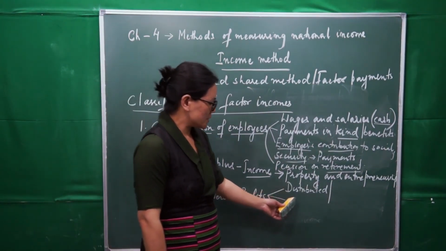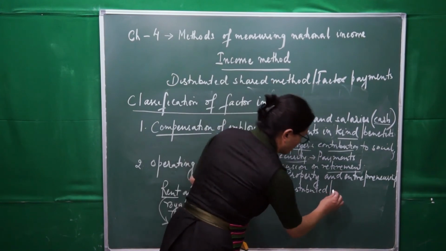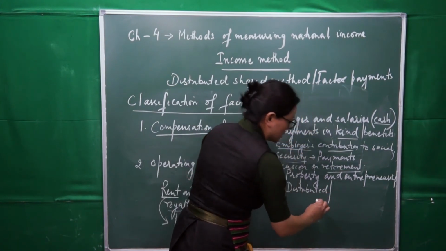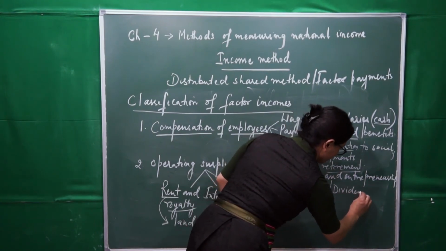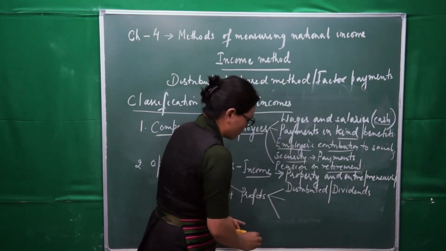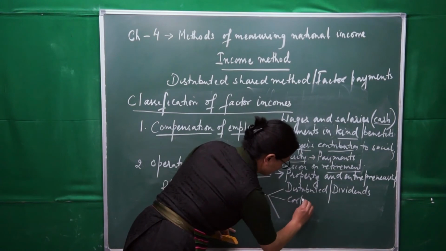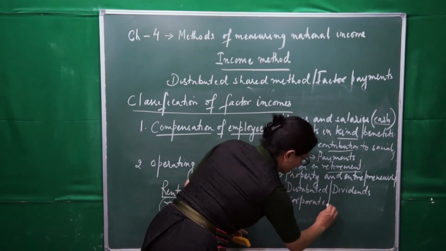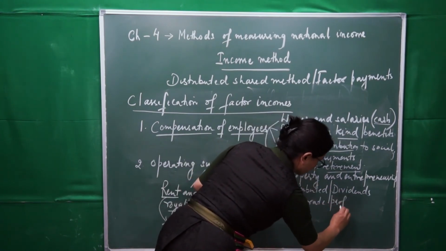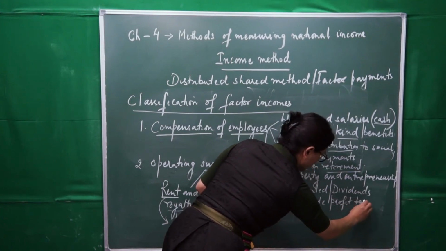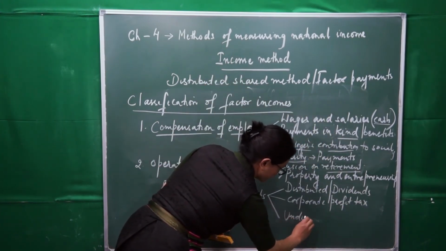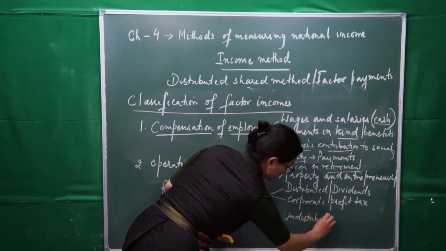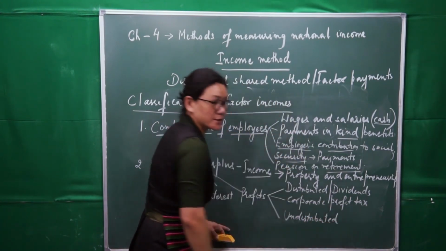Profits are of three types. The first one is distributed profits or dividends. Second one is we have corporate profit tax. And the third one is undistributed profits.